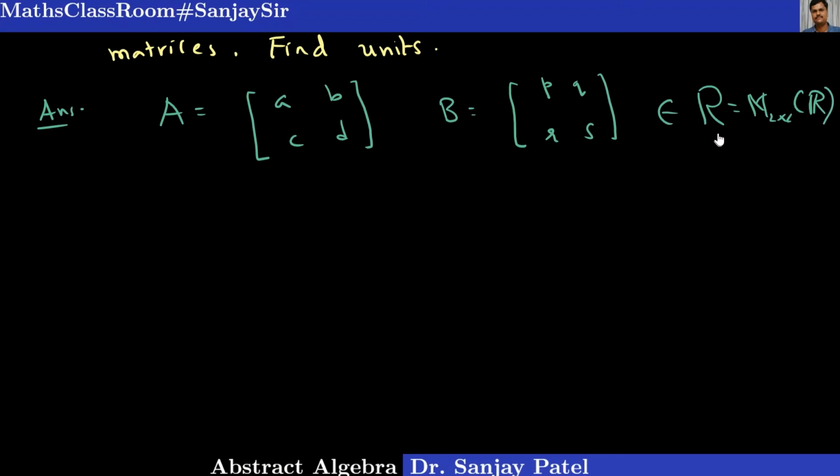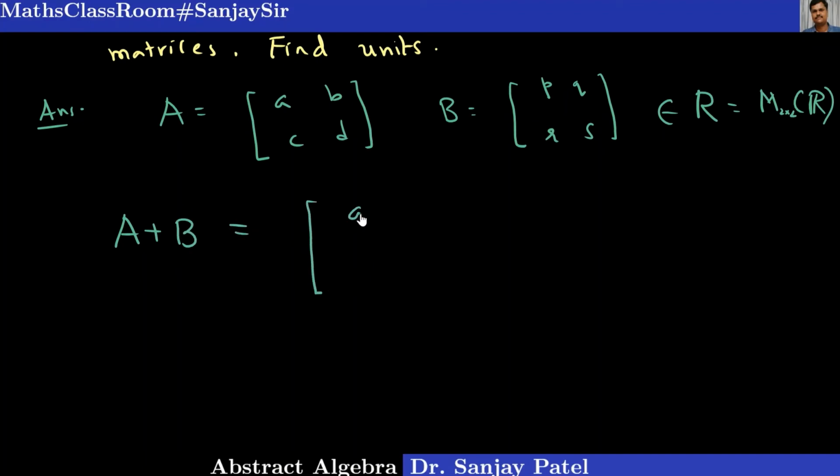Let me write this properly. So this is R and here I should write M2 cross 2. So for any two elements, the two operations, addition and multiplication, are defined like this.